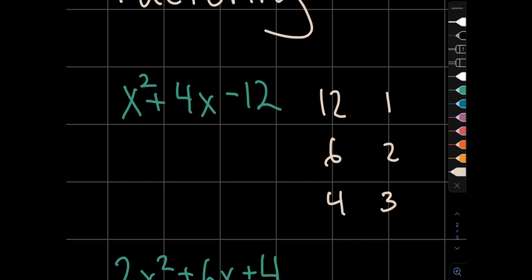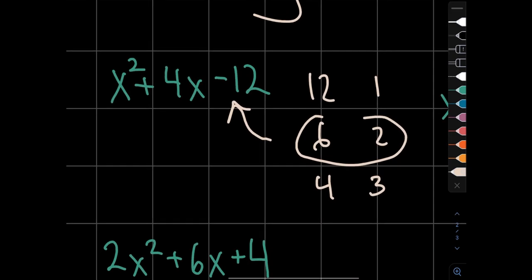Now, what is a combination of these pairs that will get us, if you multiply, negative 12, but also if you add them together, positive 4? Right off the bat, because I've seen this so many times, I know that the combination of 6 and 2 will get us here.